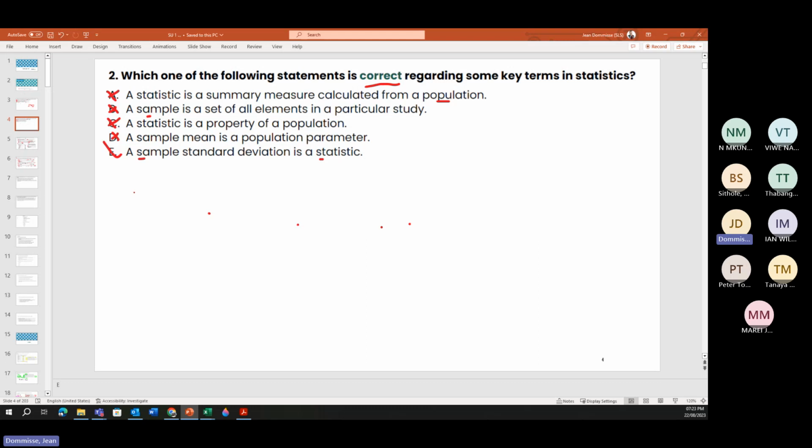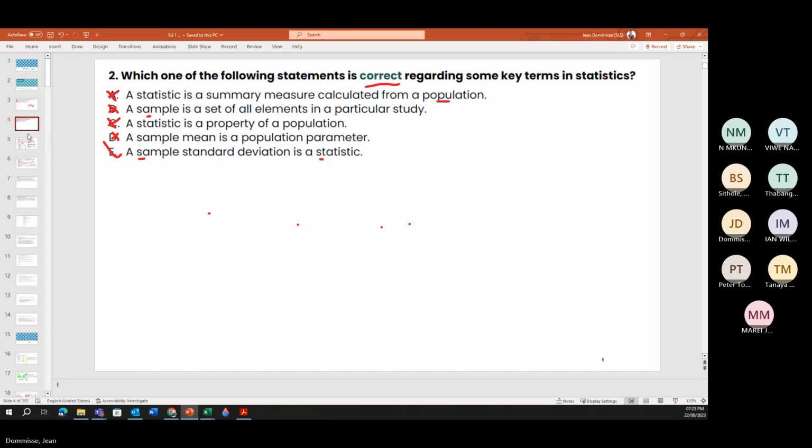So that is the correct one. So you could nearly see now, between these two questions, there will be a question in the exam around statistics, with parameters, sample, and population.